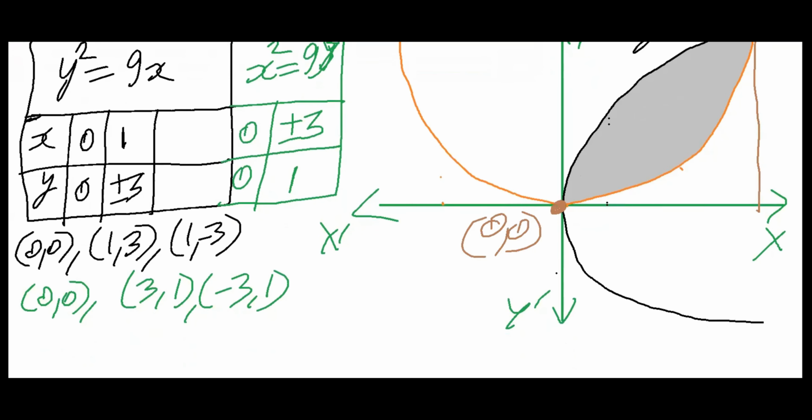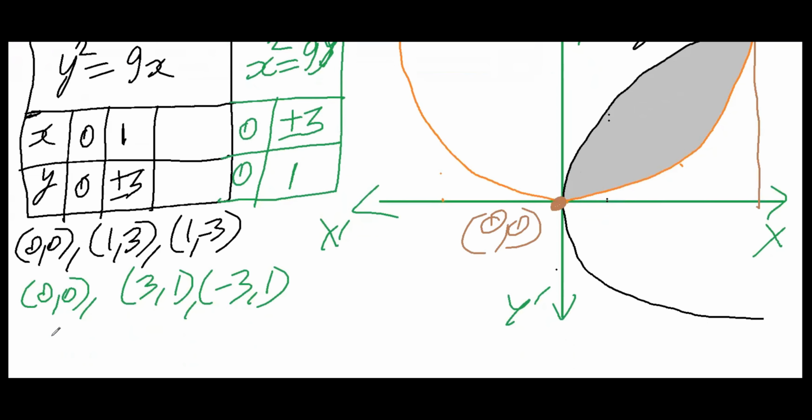Let's solve it below. So first equation is y square is equal to 9x. Or else do one thing, this I can write as y is equal to plus or minus 3 root x. This is what I can write from here.